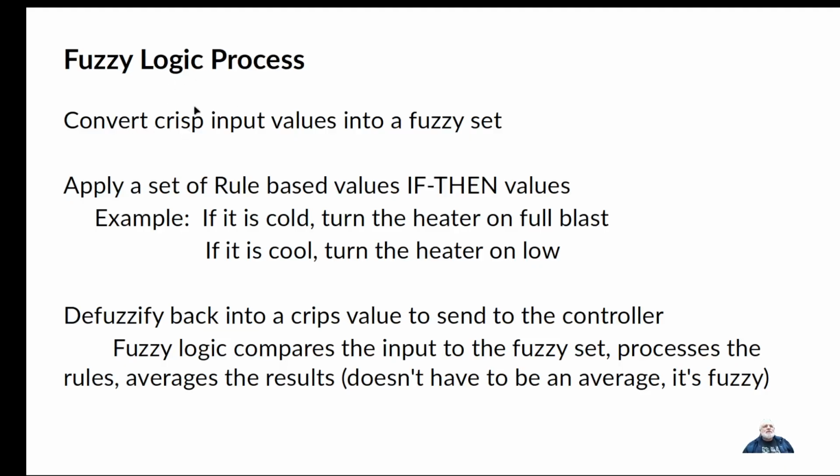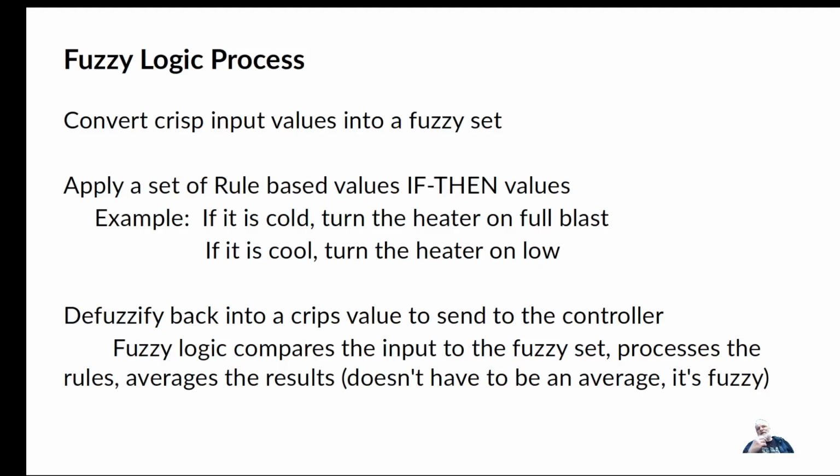So the fuzzy logic process here, now again, I'm not saying that this is the only way you can do fuzzy logic. I'm just saying this is a very common way, and basically what we're going to do is take a crisp input value or a finite input value, like 97.8 degrees, and that's going to be our input. And we're going to use the heat box, so it's going to be a temperature value. So we're going to say, well, if the temperature is hot, then we do this.